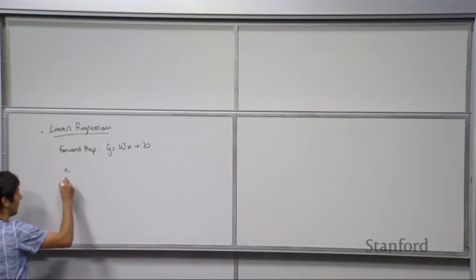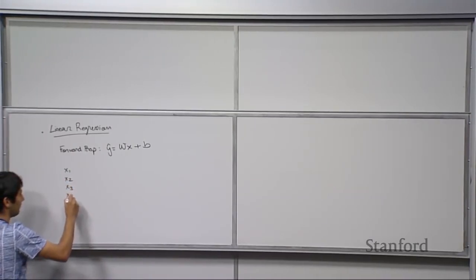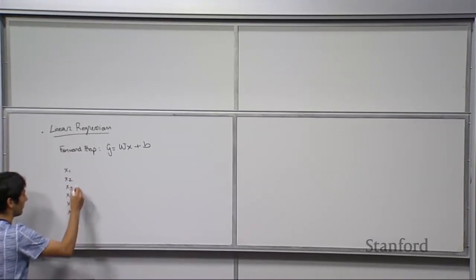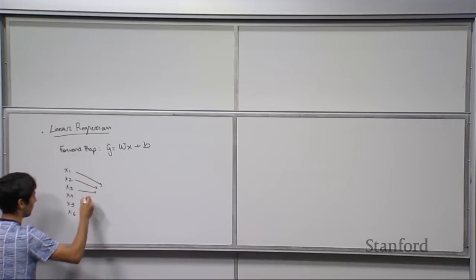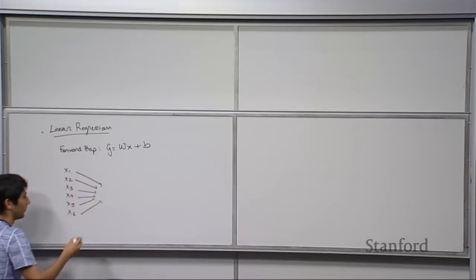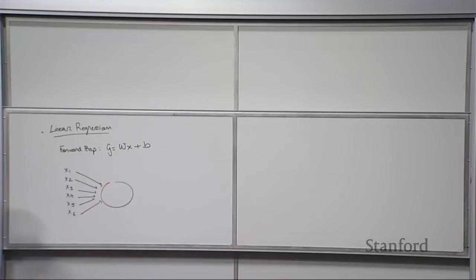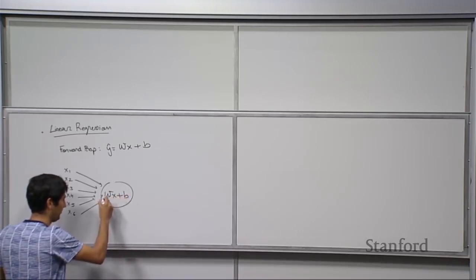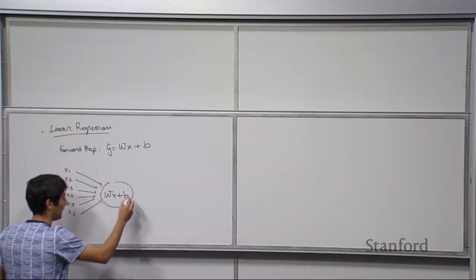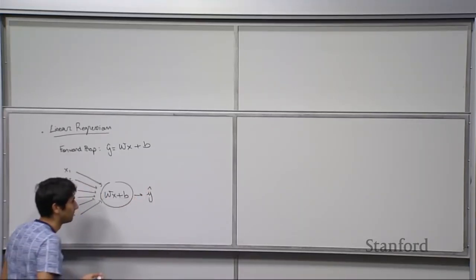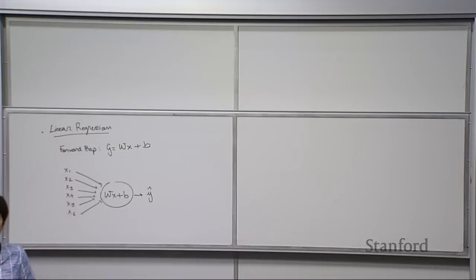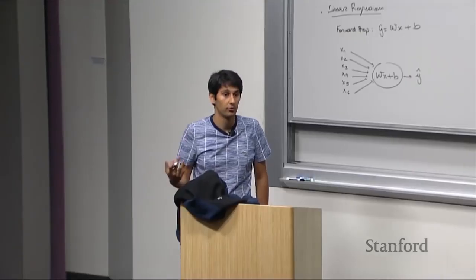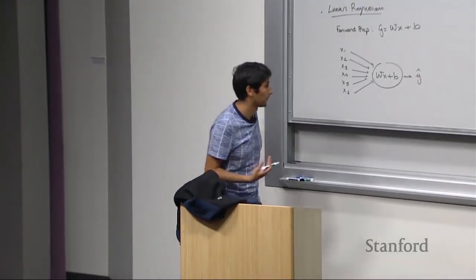Our first example is going to be a 6-dimensional input. We have a neuron here, but the neuron doesn't have any activation because we're in linear regression. So here what happens is simply Wx plus b. And then we get y hat. And we probably use an L1 or L2 loss because it's a regression problem to train this network.